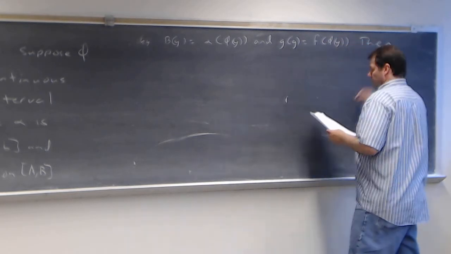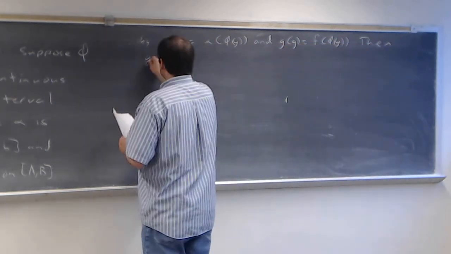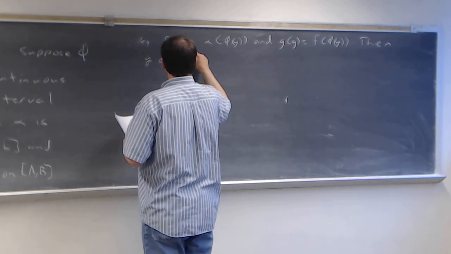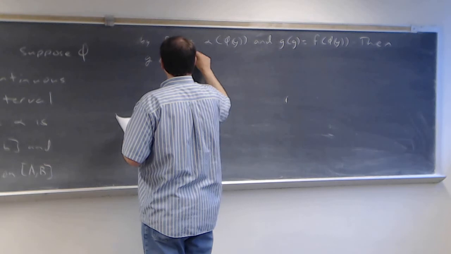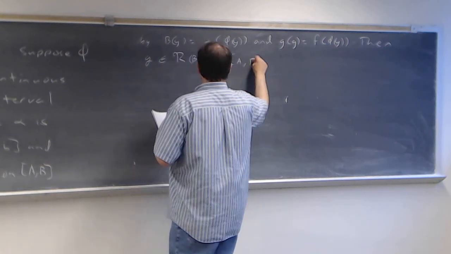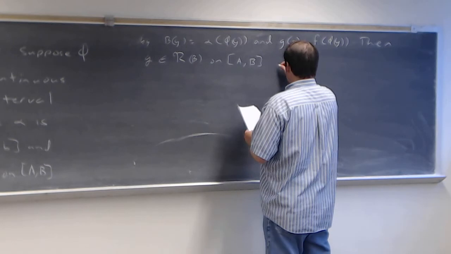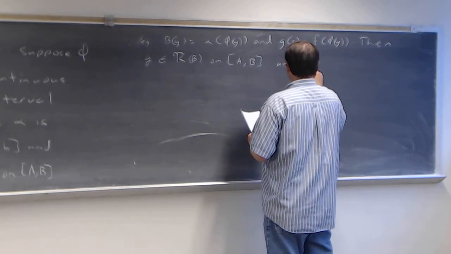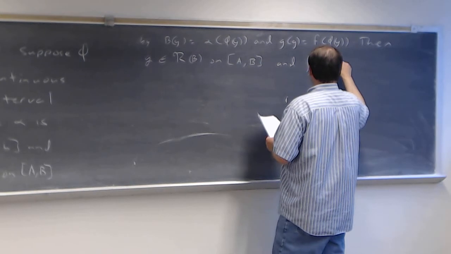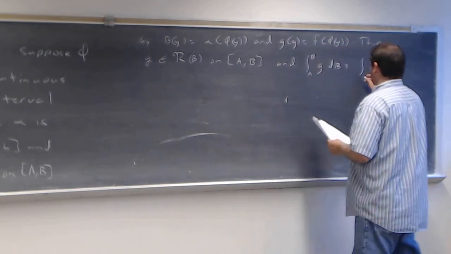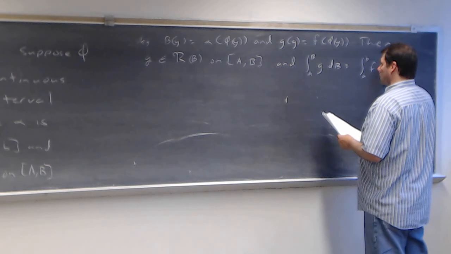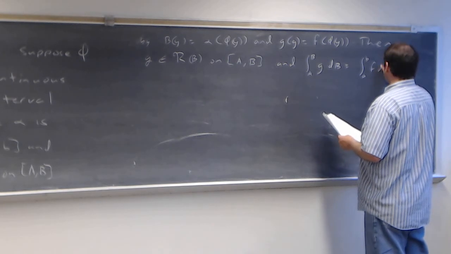Then g is Riemann-Stieltjes integrable with respect to big B on big A to B, and the integral from big A to big B of g dB is the same thing as the integral from little a to little b of f d alpha.